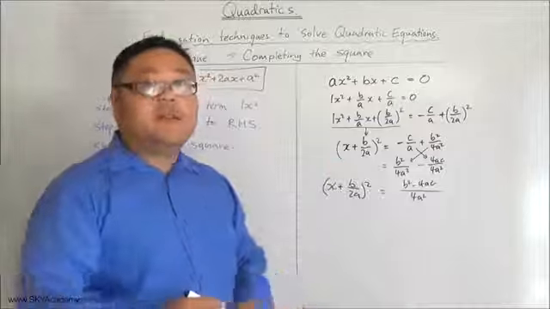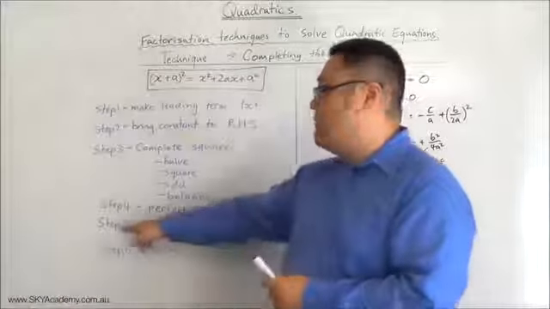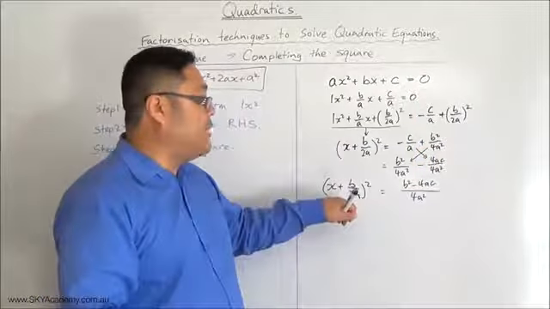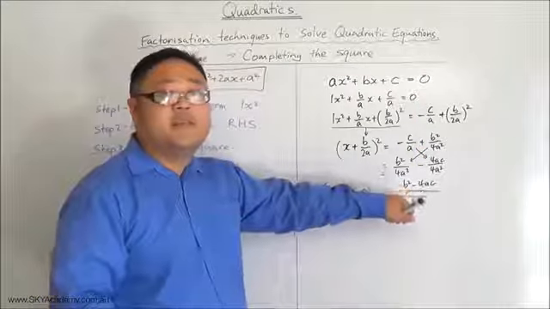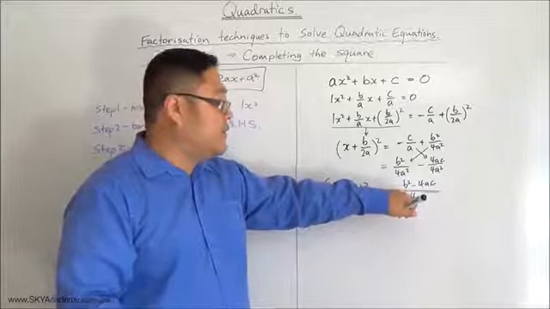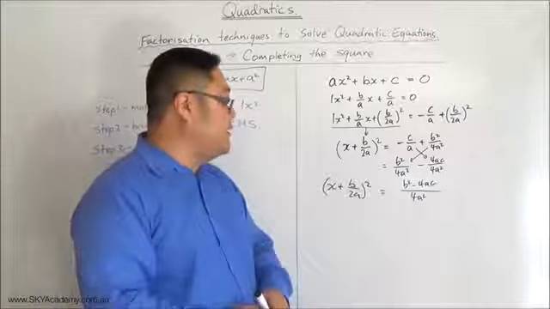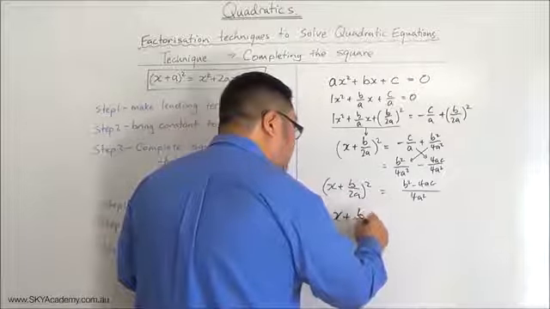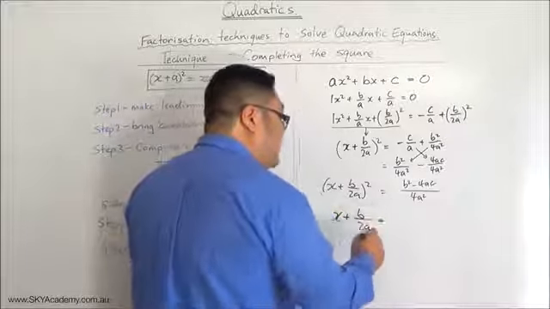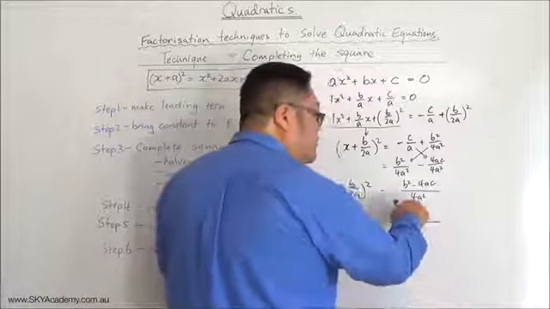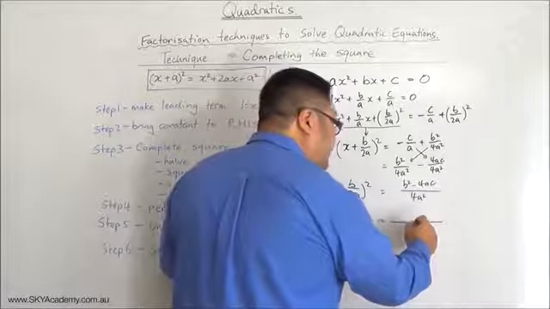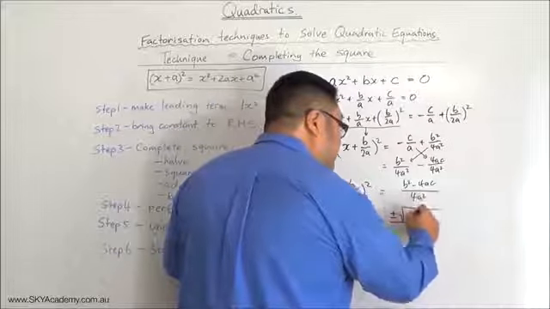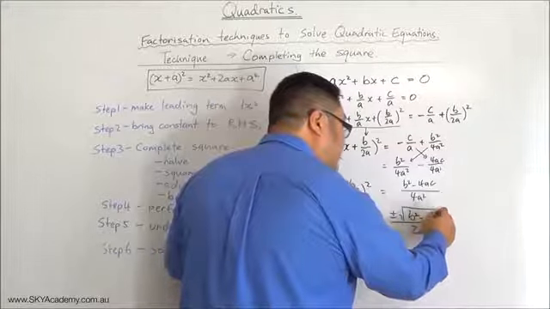And then the next step, step 5, is to undo the square. We undo the square, and by undoing the square we've got to take the positive and negative cases for the right hand side. So in other words, x plus b on 2a is going to be equal to, take the square root of that, 4a squared, and that's 2a, and the rest of it is plus minus the square root of b squared minus 4ac.